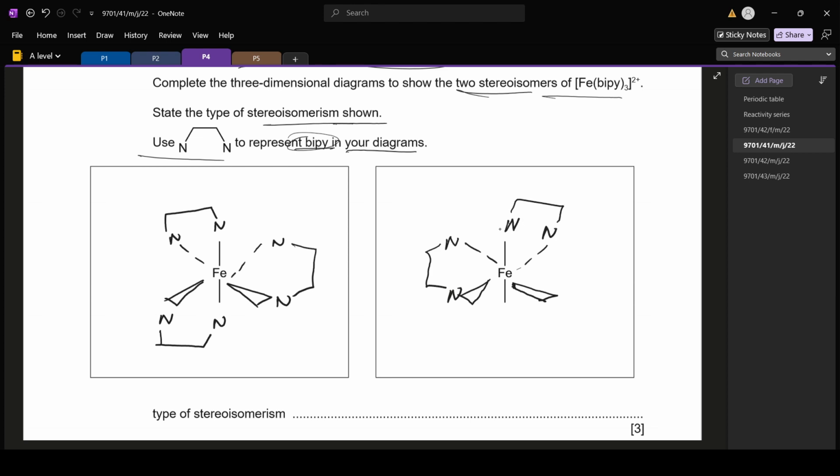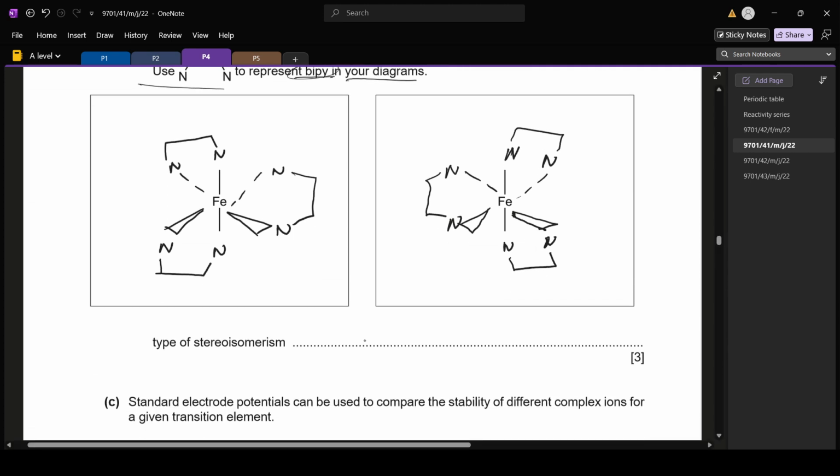They are going to be non-superimposable images of each other, okay. So this is going to be like this. So what type of isomerism is shown? It is optical isomerism. Okay, they are non-superimposable images of each other. Okay, you can see that.